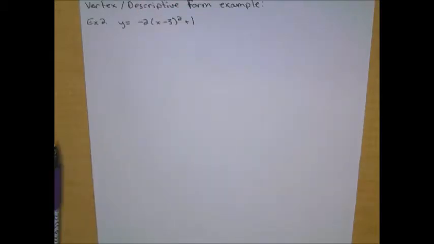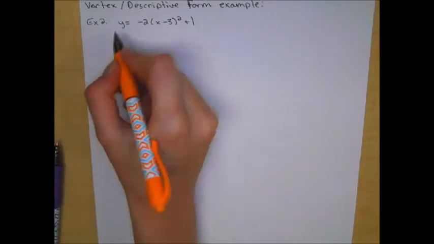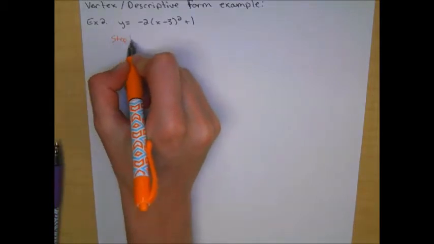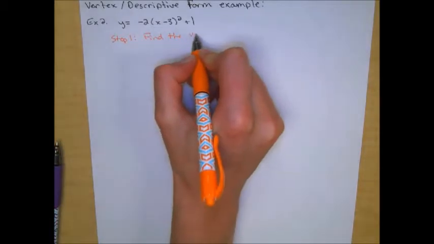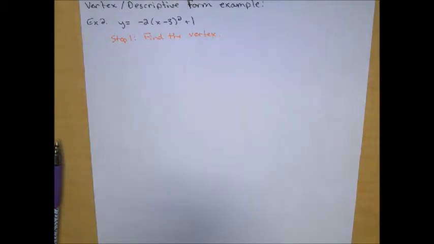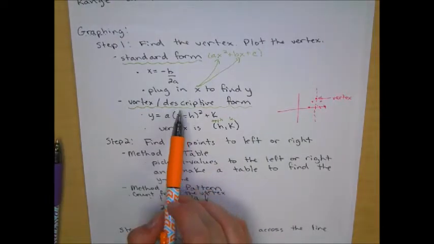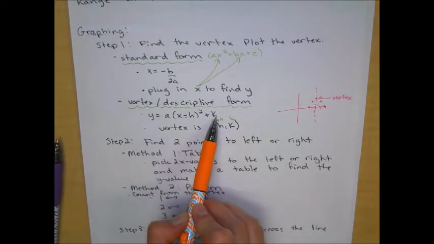This is our last example. We're going to be in vertex form. Step 1, find the vertex. Looking back at our steps, we're in vertex form.